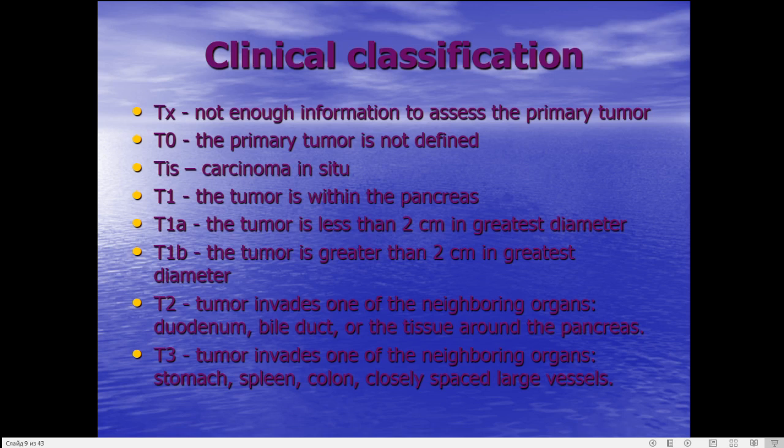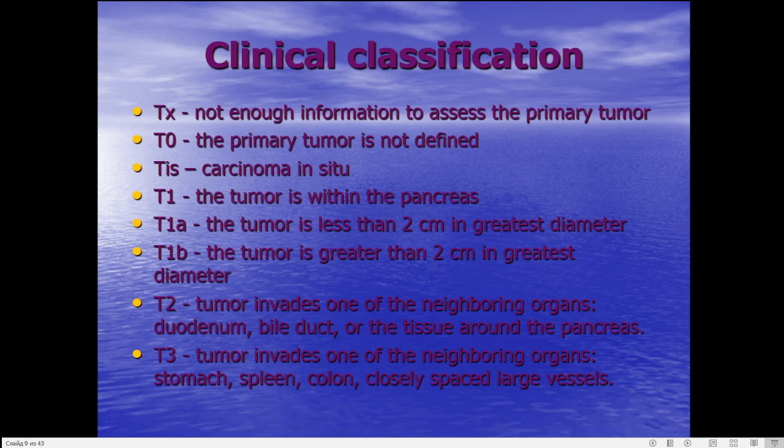T3, tumor invades one of the neighboring organs: stomach, spleen, colon. Colon means most commonly the transverse or ascending part of colon, or the hepatic flexure of colon.